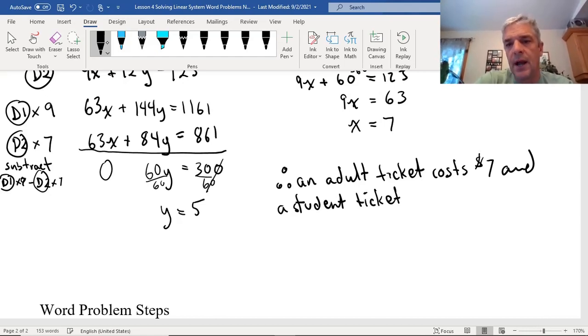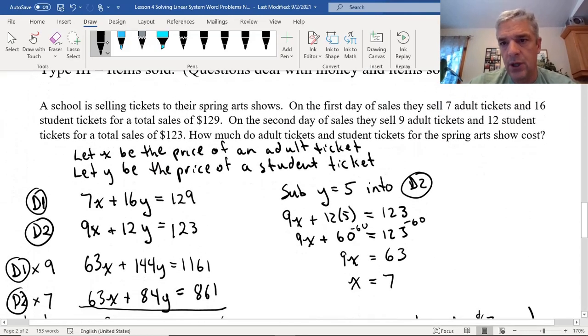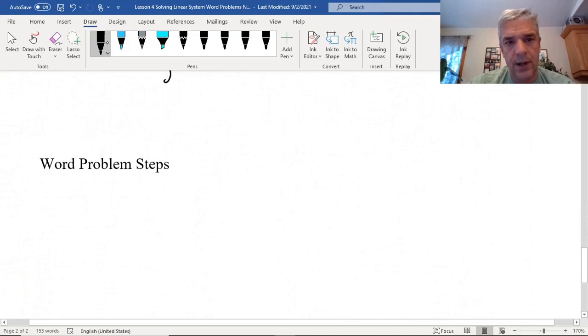And you'll notice that I write out the full things, right? I don't cheat. I don't write D1 equals, or I don't write X equals 5 and Y equals whatever. I actually write the actual answer to the question that makes sense up here. It's very important that you do that if you want full marks, okay?